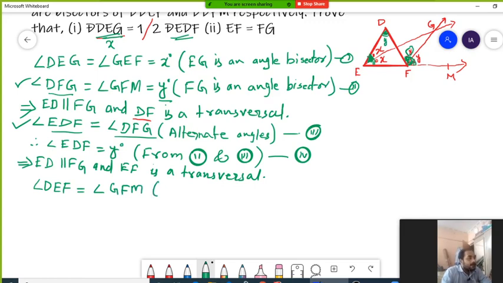They are corresponding angles. Corresponding angles.